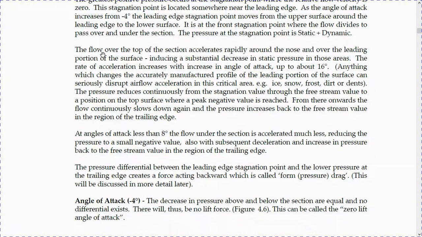The flow over the top of the section accelerates rapidly around the nose and over the leading portion of the surface, inducing a substantial decrease in static pressure in those areas, as we were talking about in chapter 3. The rate of acceleration increases with increase in angle of attack. So the more the angle of attack, the more the air accelerates over the top surface of the wing, creating more lift, up to about 16 degrees.